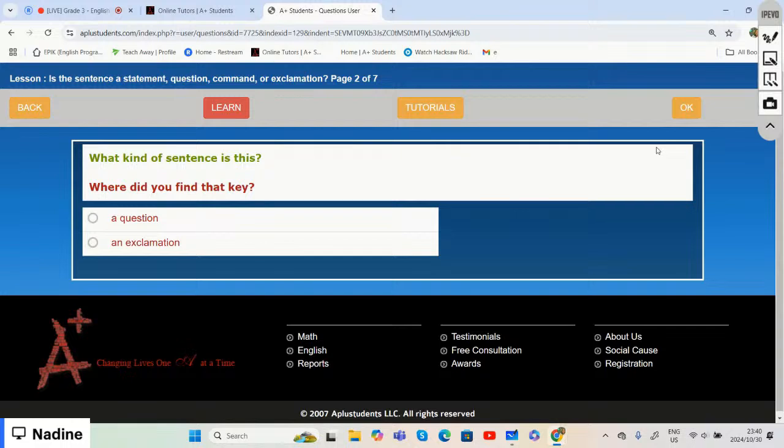So, where did you find that key? And that is a question, option one. That is a question that is being asked, and it ends with a question mark.